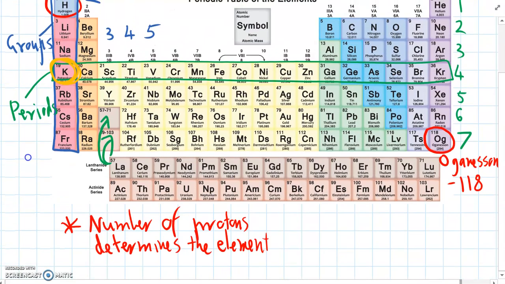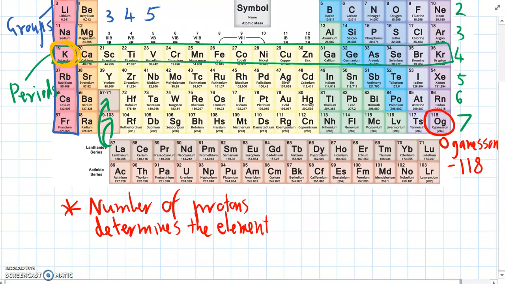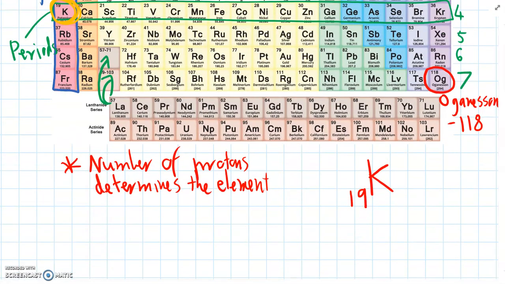And that's the same as its atomic number. So if we look back at potassium, its little number is 19. And remembering the way we write atomic numbers, they go at the bottom left. Potassium's atomic number is 19. So it must have 19 protons in its nucleus.